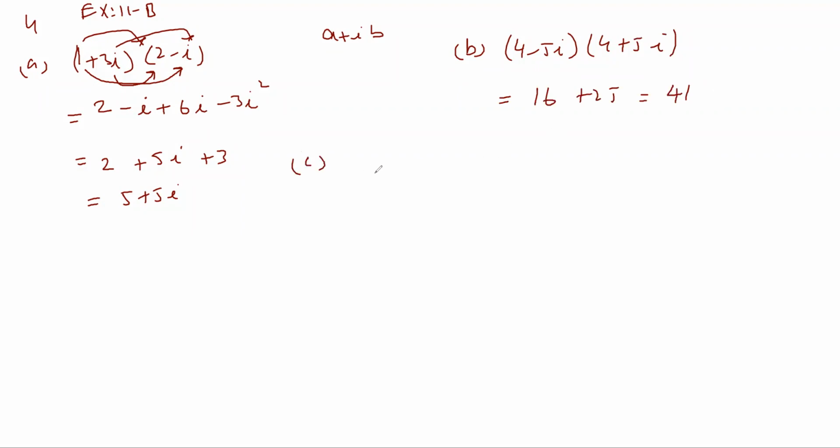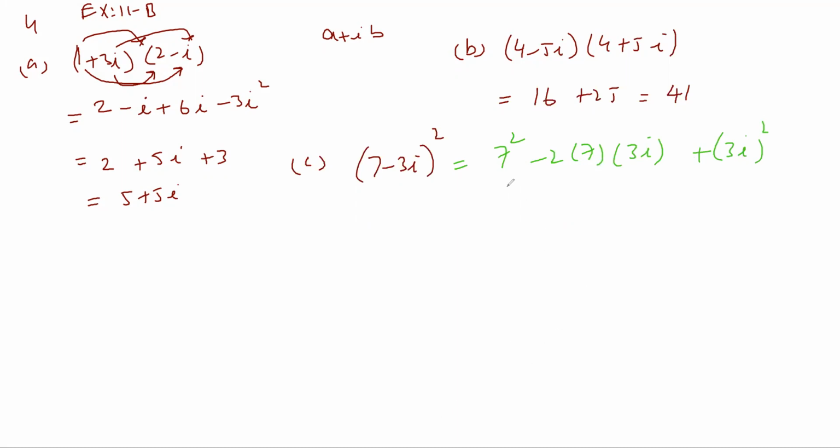Look at this part C. It is (7 minus 3 iota) square. Okay. If you simply expand it, this is 7 square minus 2 into 7 into 3 iota, and then we have plus 3 iota square. Like you have simply the previous formula, a square minus 2ab plus b square.